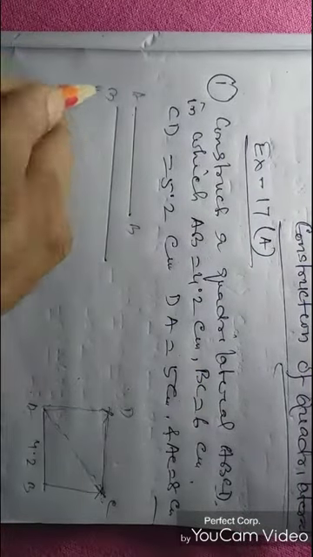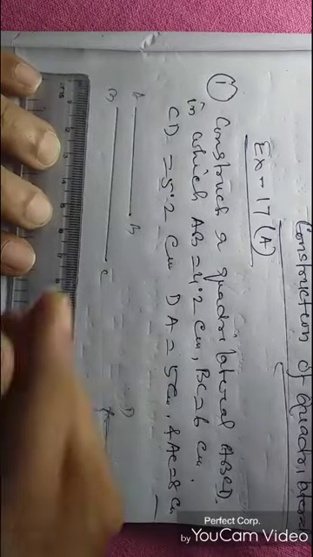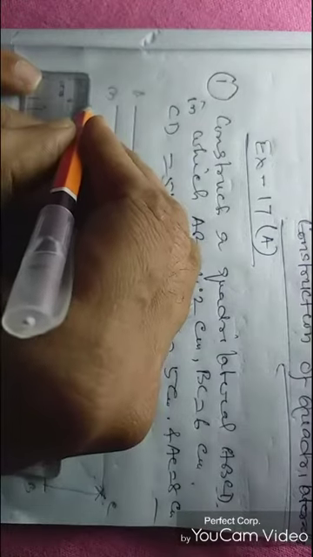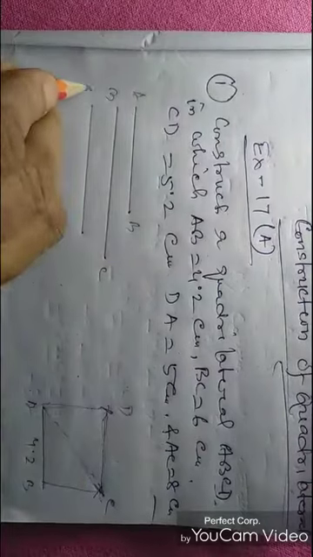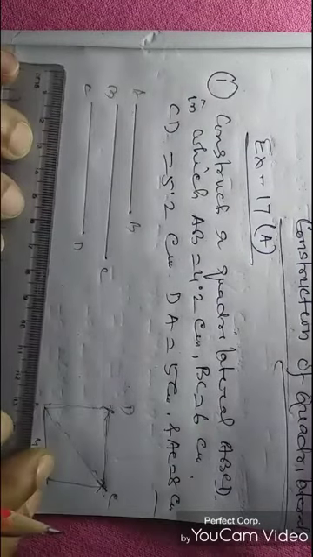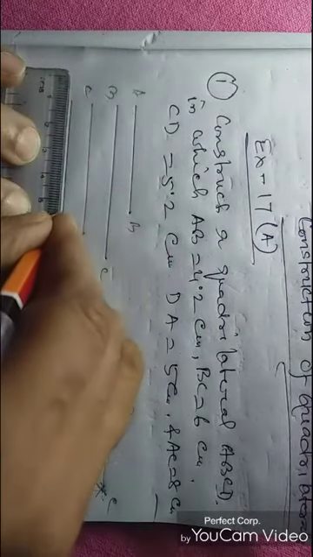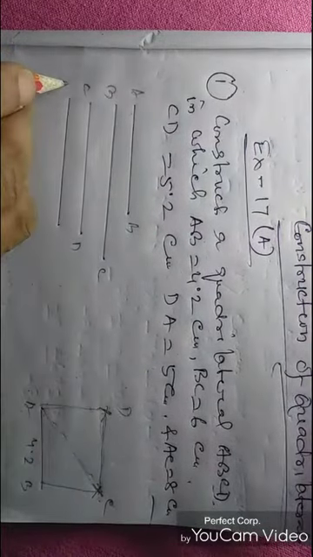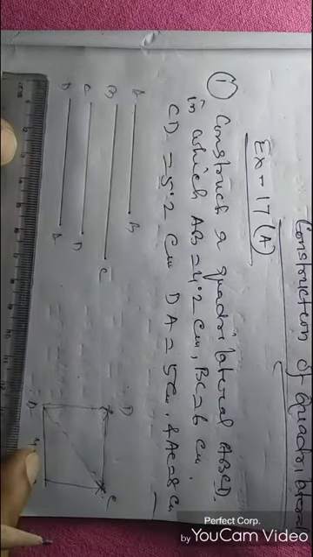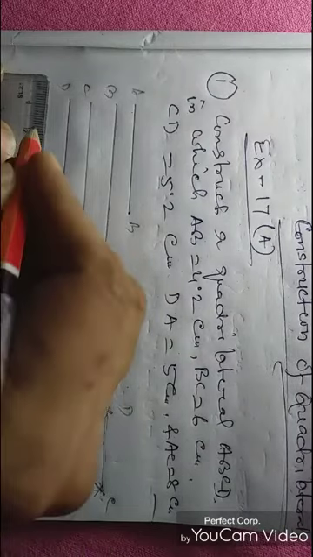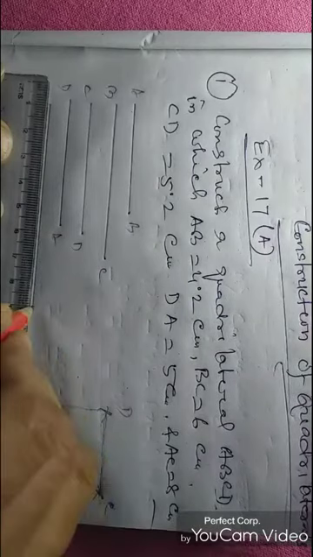This is BC. CD is given 5.2 cm. DA is given 5 cm. This is DA, and finally AC is given 8 cm. This is AC.